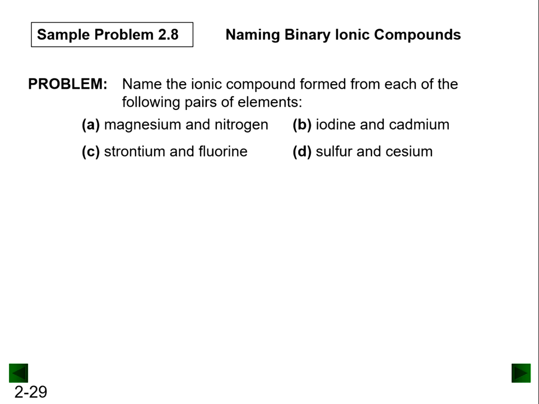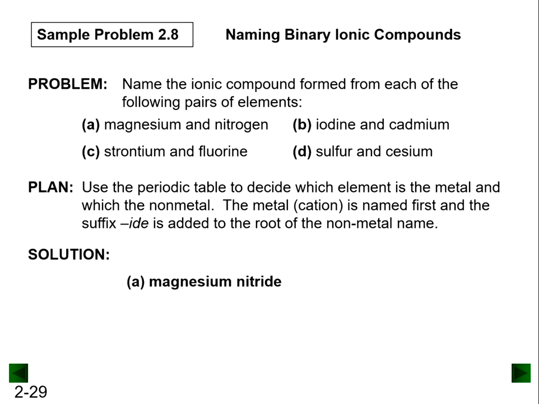And we'll look at examples of this in our subsequent video, but in this one example here, magnesium and nitrogen, there's one atom of magnesium and one atom of nitrogen. Magnesium tends to have a +2 charge, nitrogen a -3. The system needs to have an overall charge of 0.